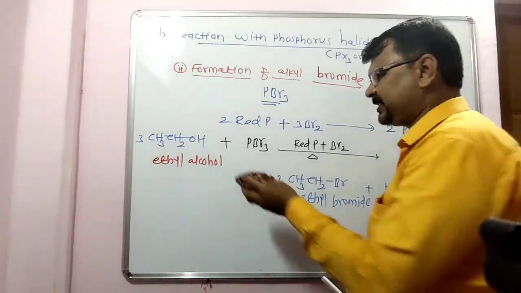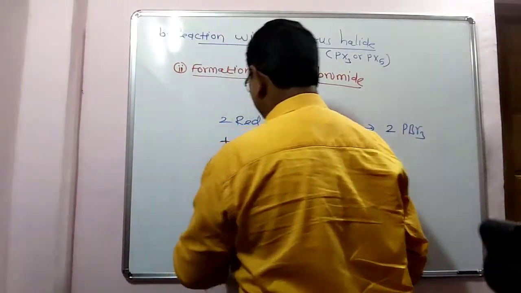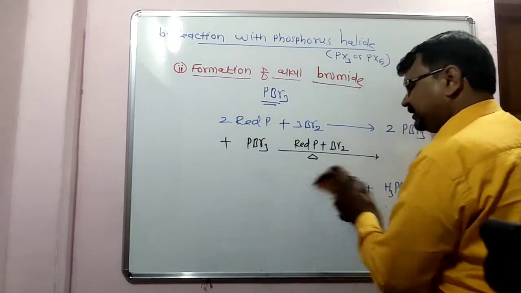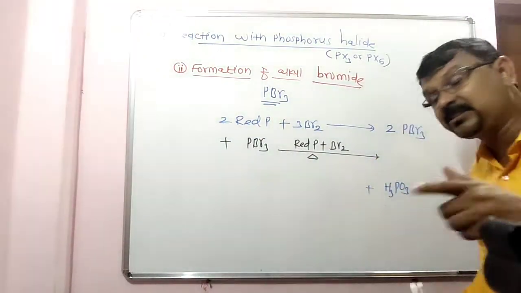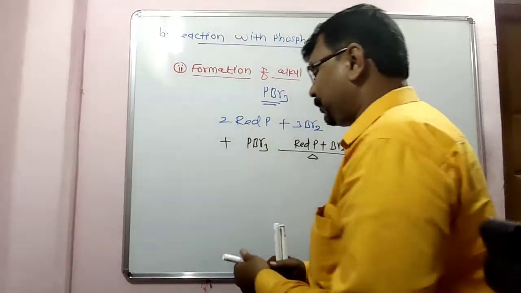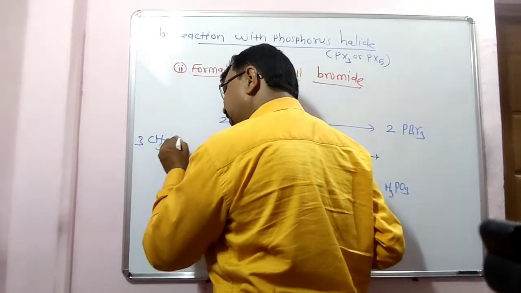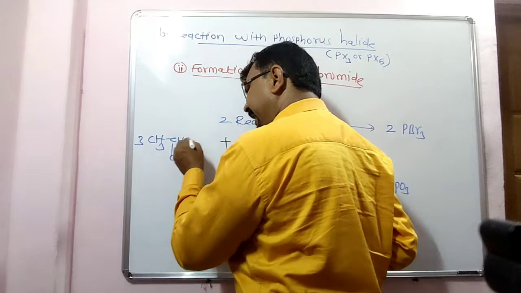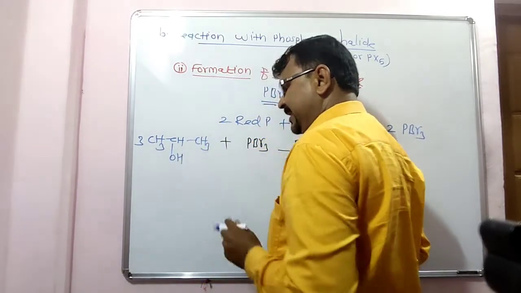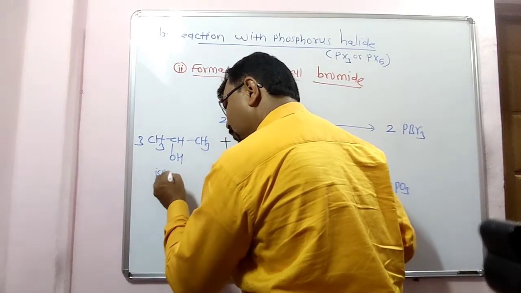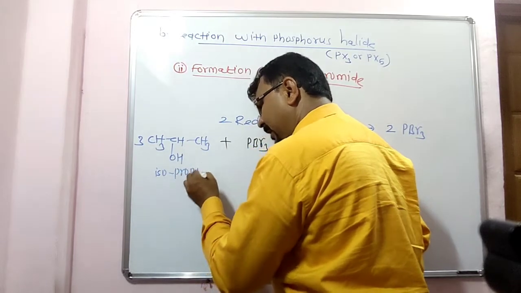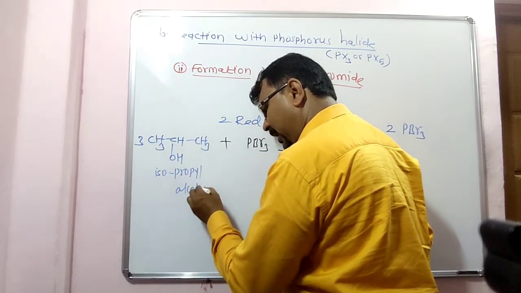Next, what is the action of phosphorus tribromide on isopropyl alcohol? How many moles here? 3. CH3, CHOH, CH3. Correct? Yes. Isopropyl alcohol.